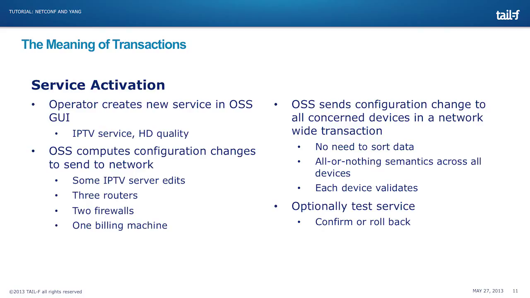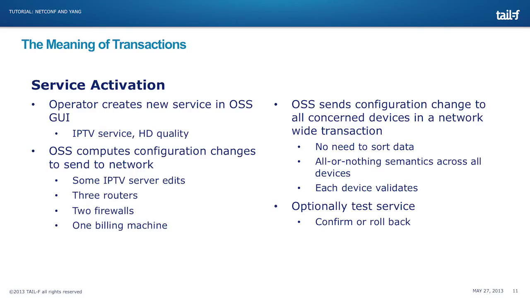It may be an IPTV service, it may be with HD quality, it could be a VPN service, but let's use this IPTV example. At the OSS level, we need to compute the configuration changes to send to the network, but any service activation is going to involve multiple devices in our network.